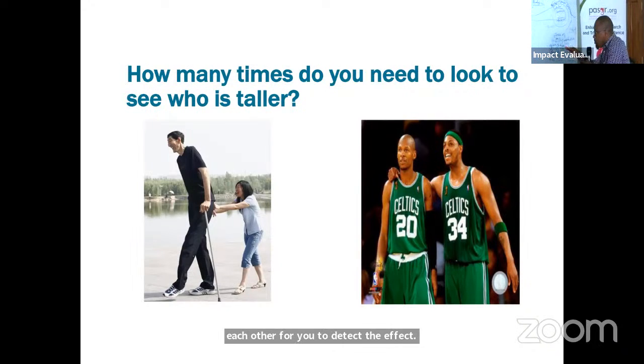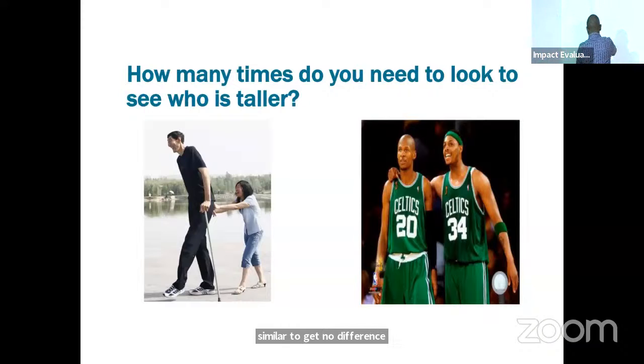Otherwise they'll be similar and you'll get no difference. But in the left panel, how big should your sample be, small or big? This one is so obvious, so you don't need a big sample to see who is taller. Even a small sample can tell you.